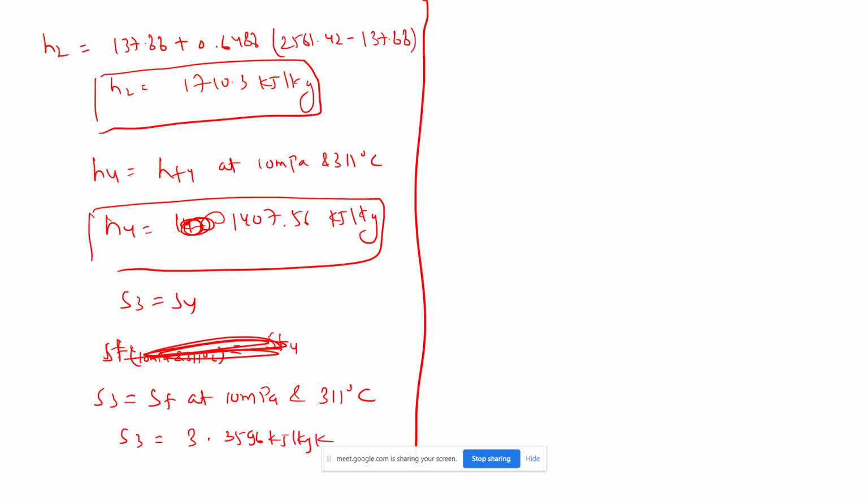Similarly, now for point 3, actually points 1, 2, 3, 4. For S3 we have to calculate, it will be equal to SF3 plus X into SFG3. We have to calculate this at a pressure of 5 megapascal and 32.88 degrees Celsius.